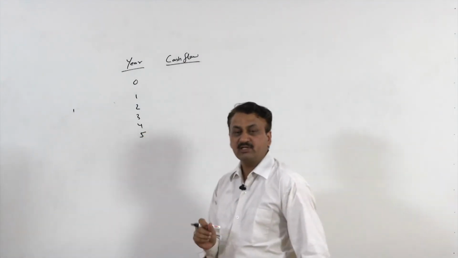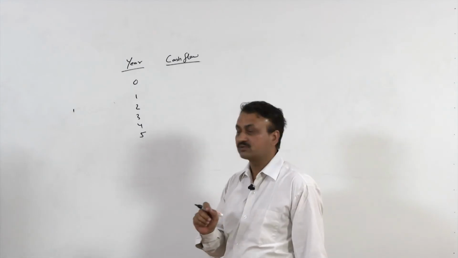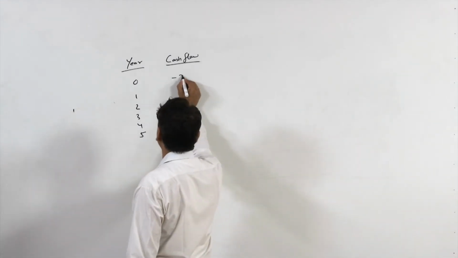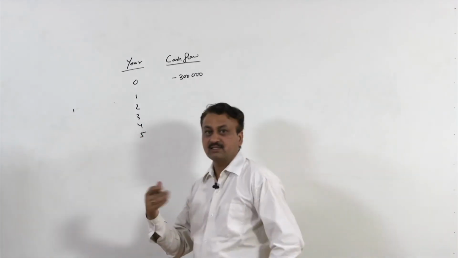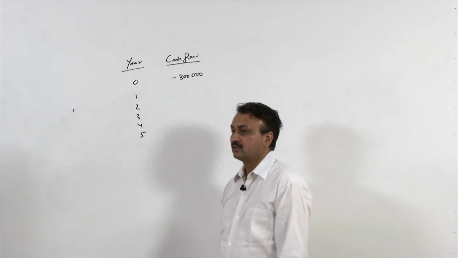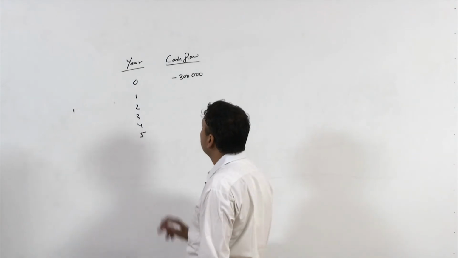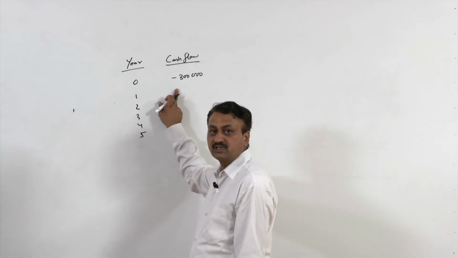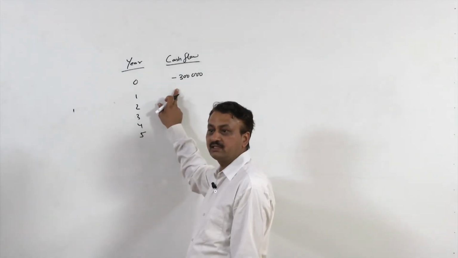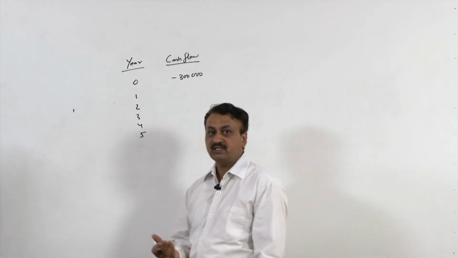The initial investment was 300,000, so this is minus 300,000, because you have invested; this is a cash outflow. Then the revenue in the first year is 100,000, but you also know that the annual cost of operation is 20,000.